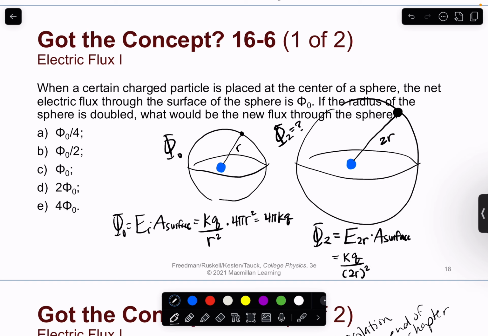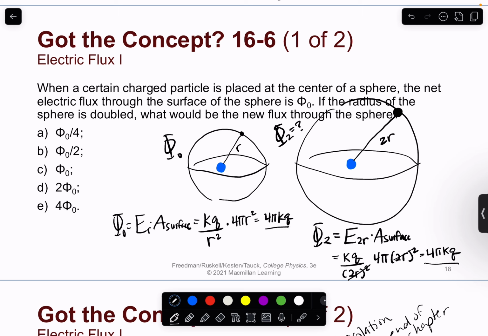What is the surface area of a sphere of radius 2r? It is 4 pi (2r) squared. Guess what? Boom, those cancel again. And we have mathematically proven that the size of the surface doesn't matter. The flux is constant. The flux is identical between those two surfaces.